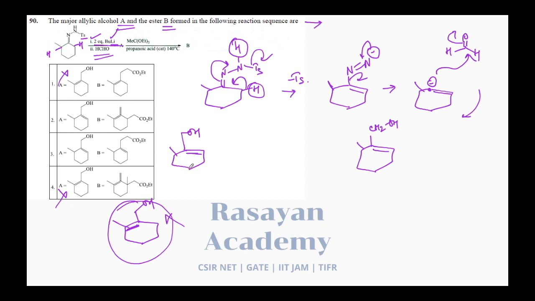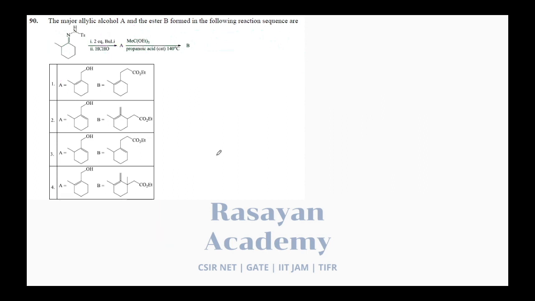Now what next? Alright, so let's erase everything. Let's write the next step. So yes, you have got the allylic alcohol in this way from the less hindered side in the Shapiro reaction. Okay. Now next thing you see, there is an orthoester.